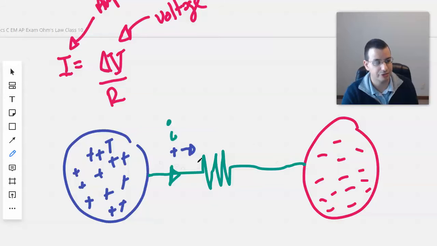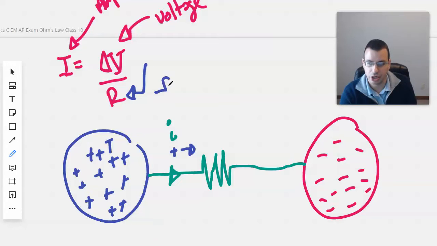So we'll have a potential difference between these two, and that will cause the current to flow from the positive to the negative. And since it won't all flow instantly, we'll take into account a resistance to flow, which is measured in ohms. And that's represented by this resistor right here.